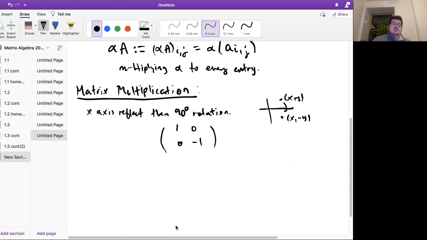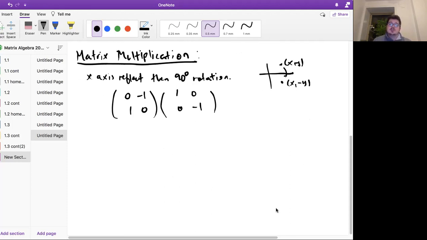And do you remember what 90-degree rotation was? This one was, I think, the harder one to see. Yes, (x, y) to (negative y, x). So this was 0, negative 1, 1, 0. Okay, so now let's do this matrix multiplication. What do you get in the 1,1 entry?